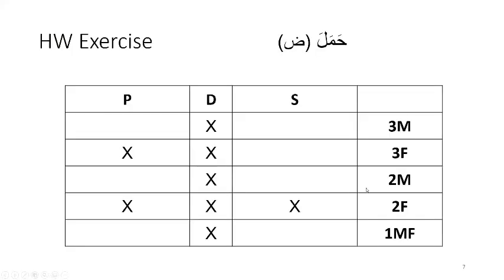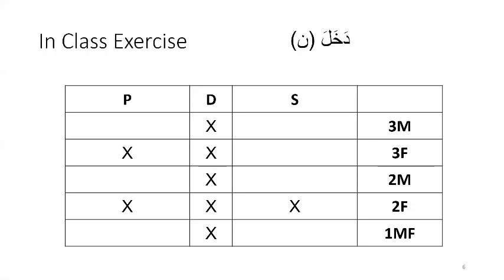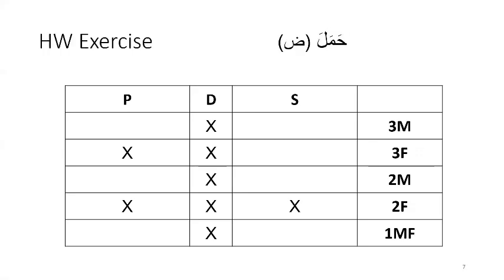Okay. Can you see my screen right now? Yes, sir. Will it be yahmilu, yahmilane, yahmiluna? Yeah, it will be the same pattern that we just talked about. So hamala is bab daraba. Daraba yadribu, so hamala will be hamala yahmilu, and then you fill out this table the same way.